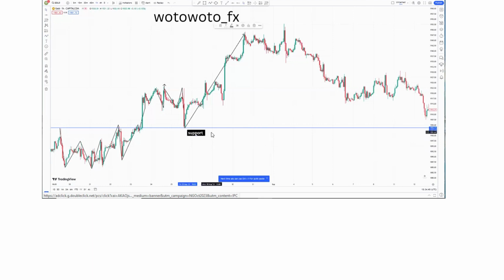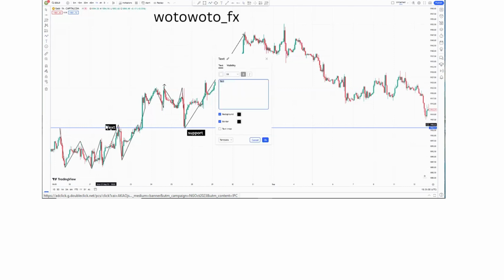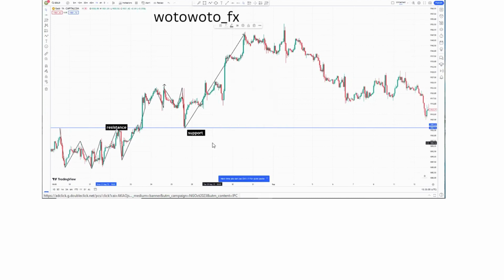Here is a support. So now that here is a support, here was previous resistance. So are you seeing what is actually happening here? Price has been testing all these levels.